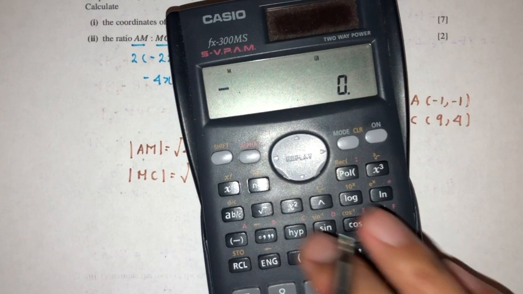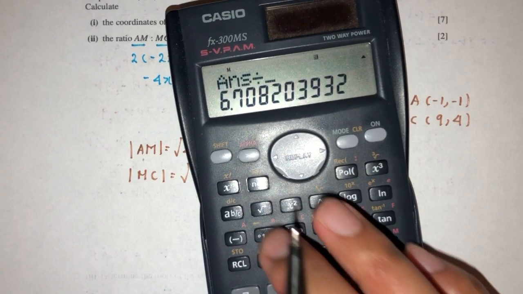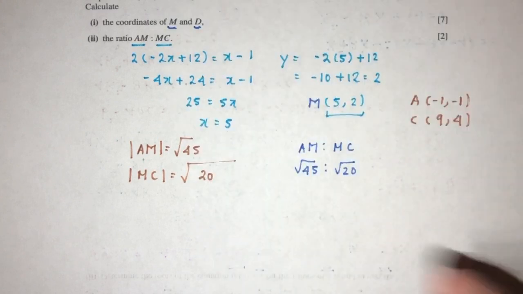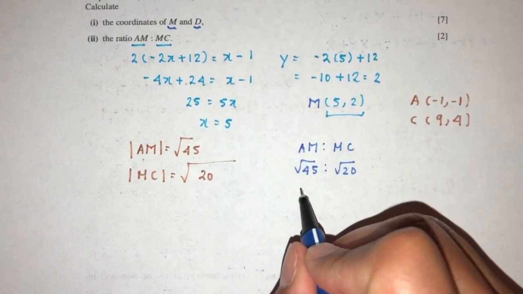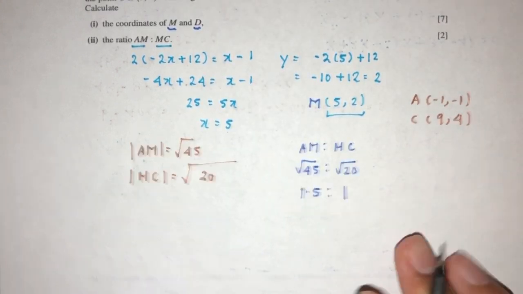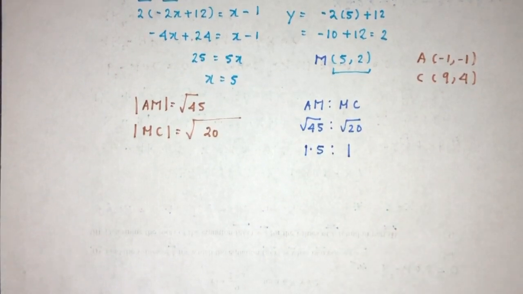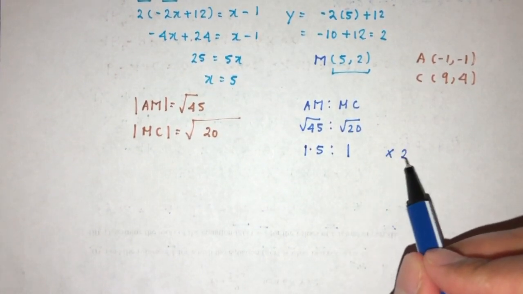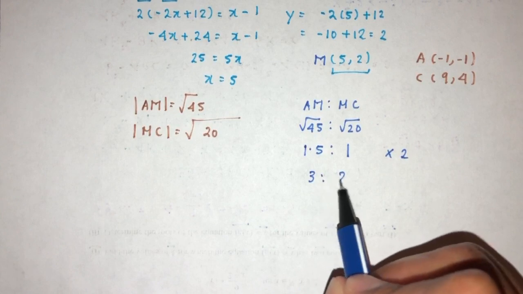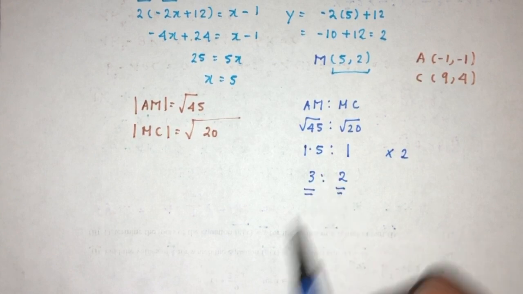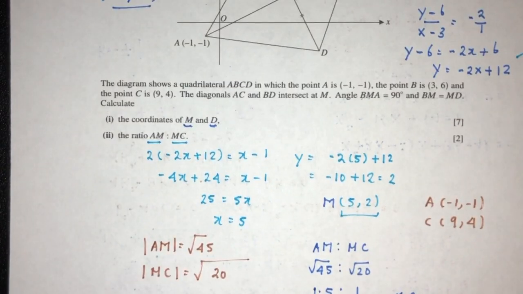So we can try to divide them and see what happens. That will be 1.5. So this is 1.5 to 1. Now of course we have to express them as integer values, so we have to multiply by 2. That will be 3 and that will be 2. The ratio will be 3 to 2 for AM against MC.